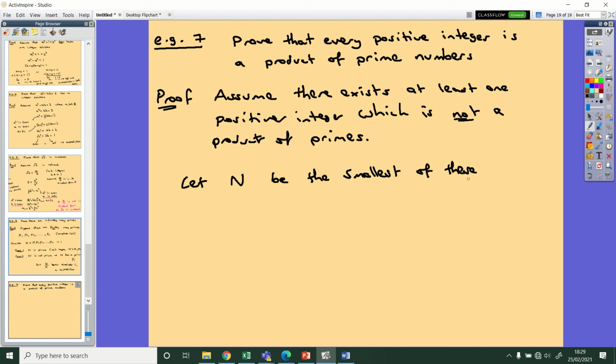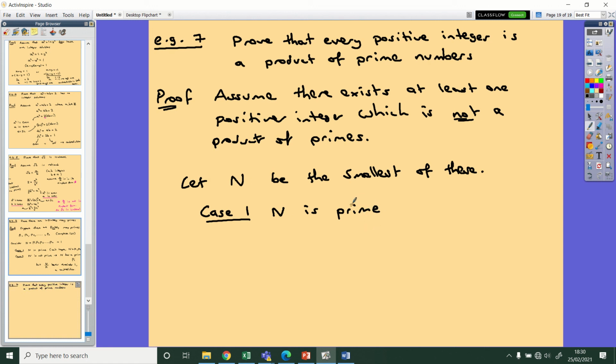Okay, so let's think about this. This is the smallest positive integer that's not a product of primes. So what can we say about N? Well, we can say something similar to what we had for our previous proof. Let's think about whether or not N is prime. So could N be prime itself? Well, it can't, can it?